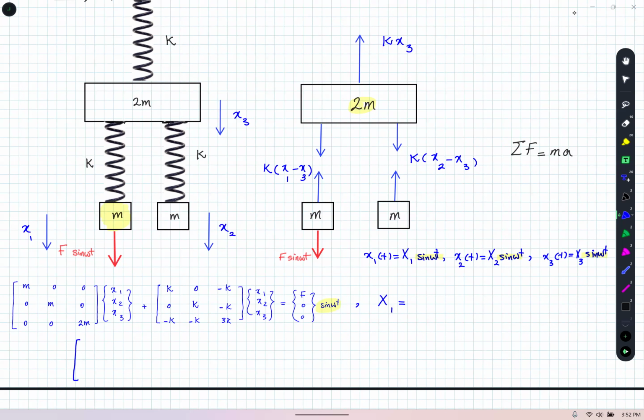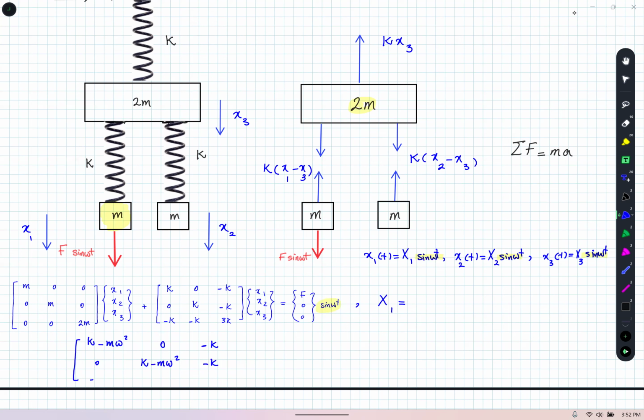After we do the simplification, we are going to get k minus m omega squared, and here 0, obviously. Then we have minus k. Then we have 0, k minus m omega squared, minus k.